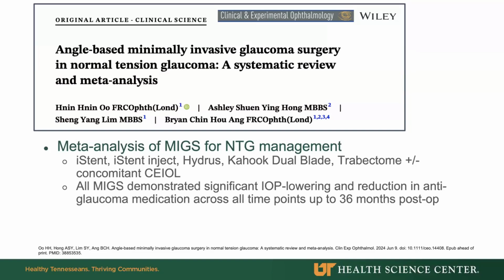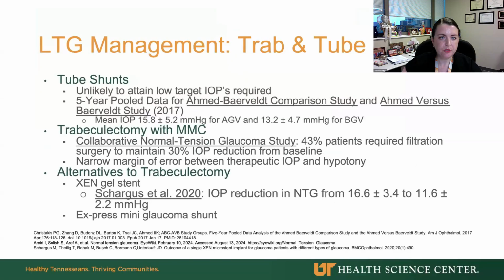And this meta-analysis found that all of these procedures demonstrated significant pressure lowering and reduction in the use of anti-glaucoma medications across all time points up to 36 months postoperative. So there can be a role at lowering the pressure some and reducing the number of drops, so that it's an available option.